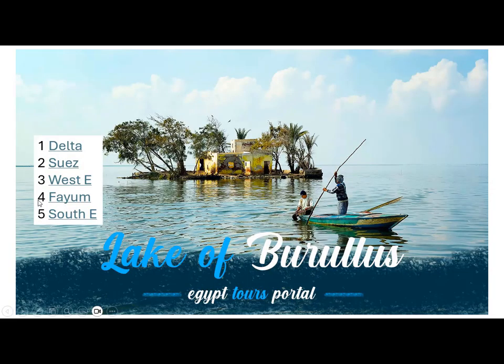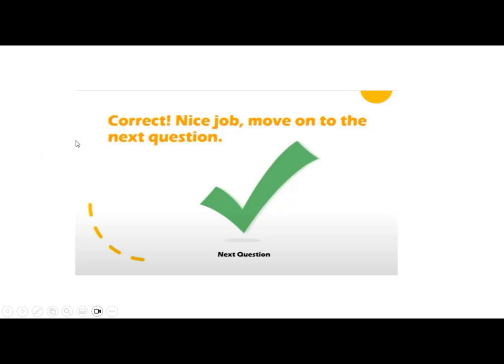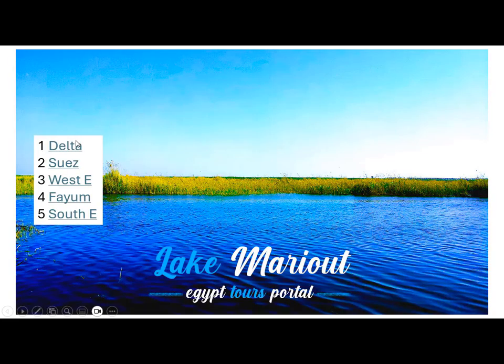This is correct again. And this is Lake of Burullus. Lake of Burullus is one of the very important wetlands in the delta, and it is located in the delta, therefore this is the correct answer. Then we have Lake Mariot.